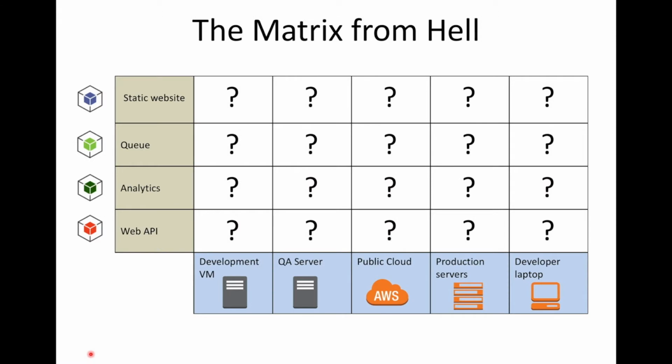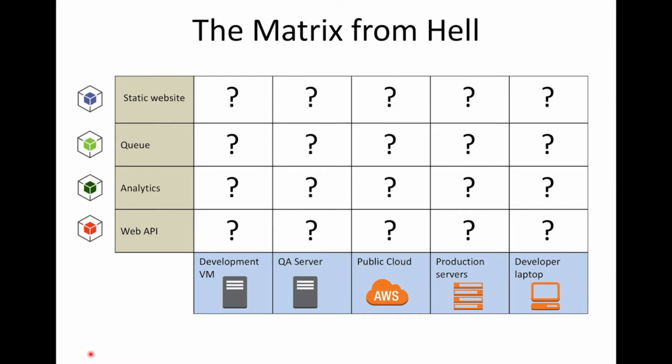Well, what this leads to ultimately is what we call the matrix from hell, which is a situation where we have these application stacks and we need to be able to deploy each application stack to nearly every different type of environment that we need to support in our organization.